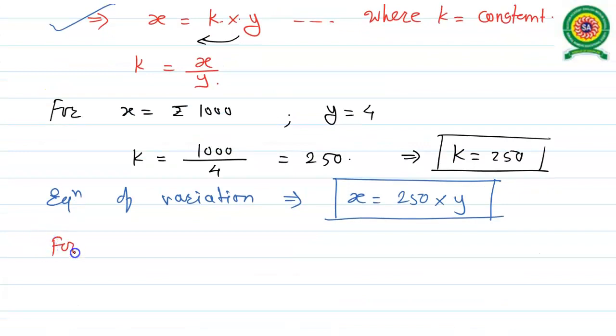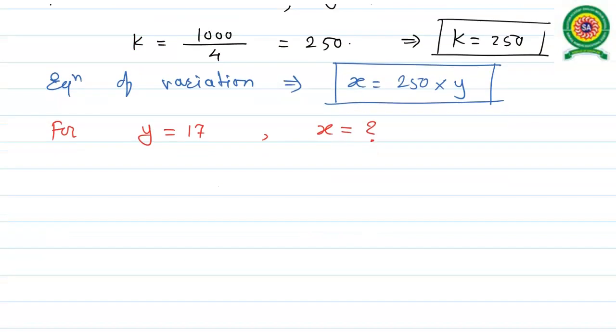So I am writing y is equal to 17 laborers, and we have to find the amount of remuneration. As per the equation of variation, x is equal to 250 into y, which is 17. So the value of x is 250 into 17.